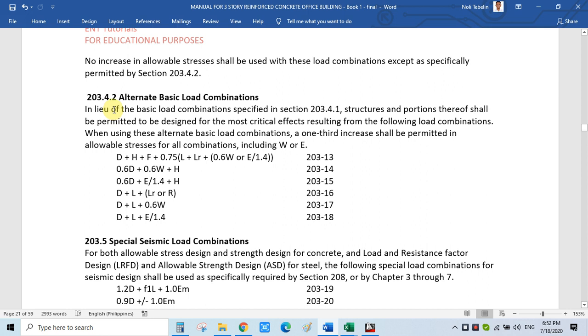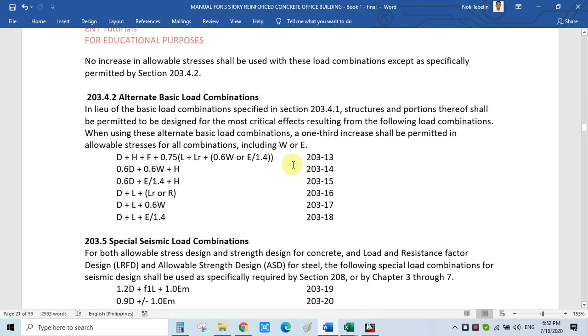So, dito sa load combinations na yon, when using these alternate basic load combinations, a 1/3 increase shall be permitted in our allowable stress for all load combinations including wind or earthquake. So, anong ibig sabihin nun? So, pagka meron tayong load combinations dito, including lateral, wind and earthquake, we can add 1/3 or 1/3 increase shall be permitted.